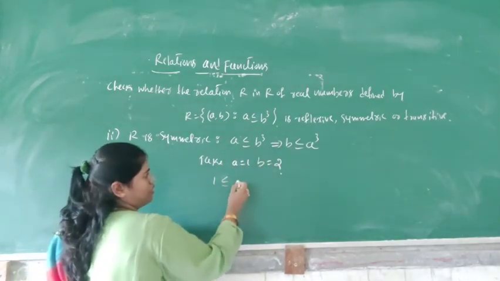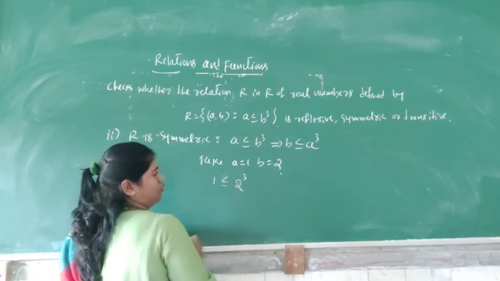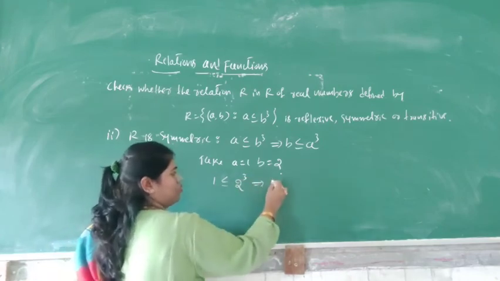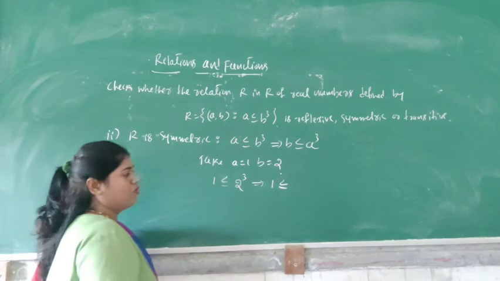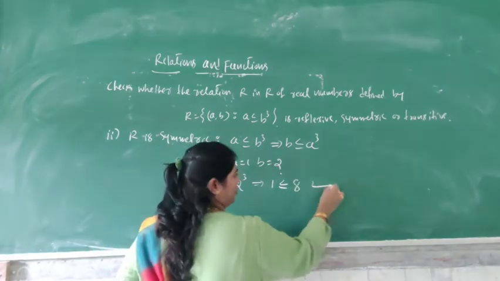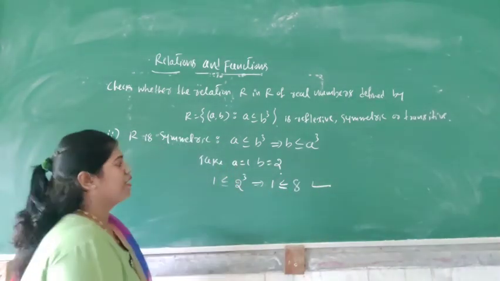1 is less than or equal to 2 cube. 2 cube is 8. So 1 is less than 8.